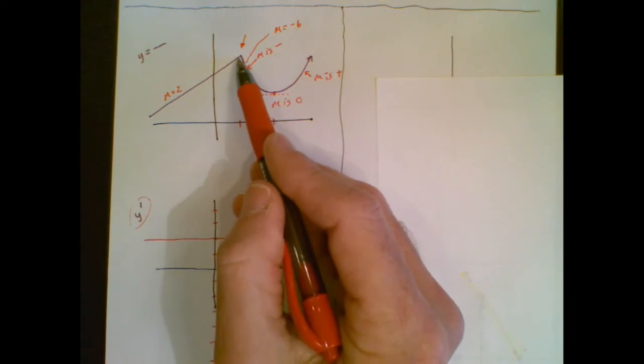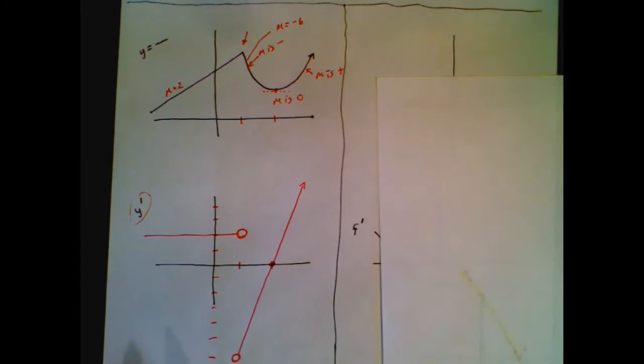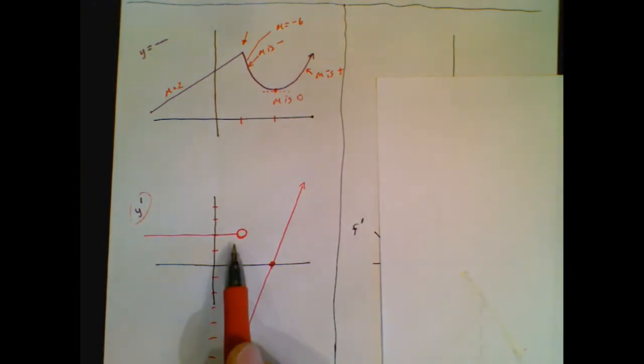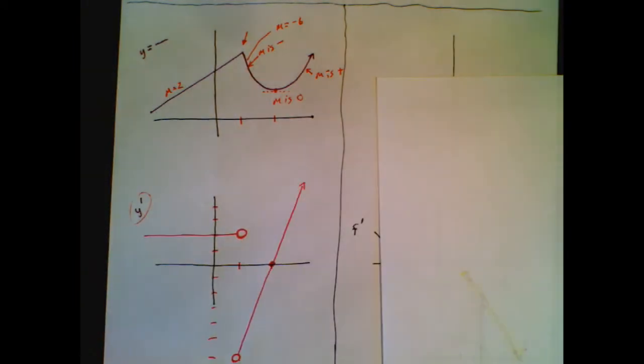Technically, the left-hand derivative and the right-hand derivative, or the left-hand slope and the right-hand slope, are not equal to each other. Well, if the derivative is undefined at that location, then the derivative graph should be undefined at that location. Corner point, undefined derivative, derivative graph undefined at that spot.